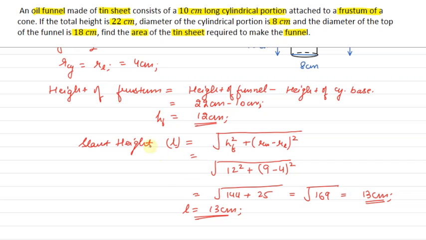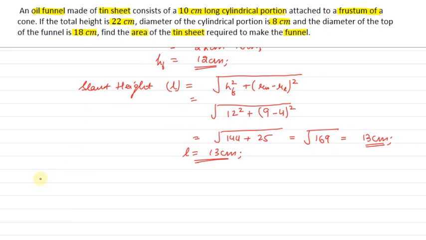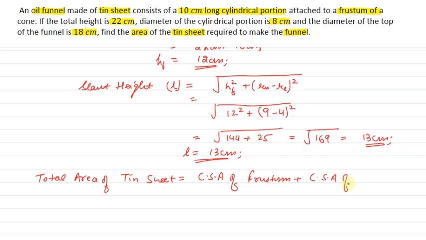So you have slant height, R upper, R lower, plus you have radius of cylinder as well as the height of cylinder. So now we'll find total area of tin sheet. The total area of tin sheet will be equal to curved surface area of frustum plus the curved surface area of the cylindrical base, right?